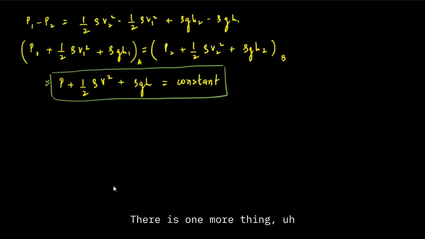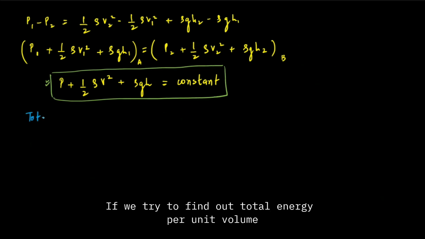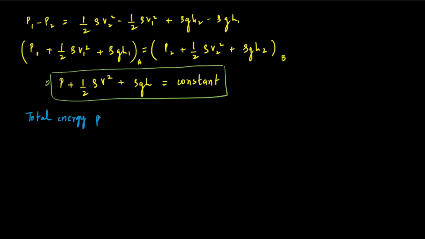There is one more thing which we can do. We are supposed to find out total energy per unit volume. If we try to find out total energy per unit volume, in that case, we divide the whole scenario with one thing, that is rho g.